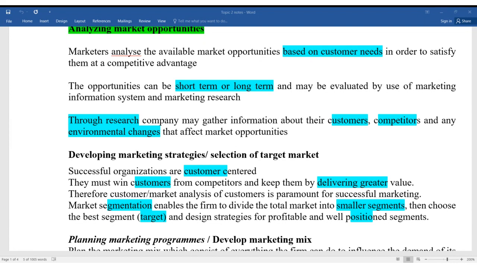So those are key things that need to be looked into. So in other words, for a company to survive, they must come up with strategies, and these strategies must help them to be able to achieve their objectives. So you find that there are ways in which a market may be segmented. It can be geographical, it can be psychographic, it can be by behavior.